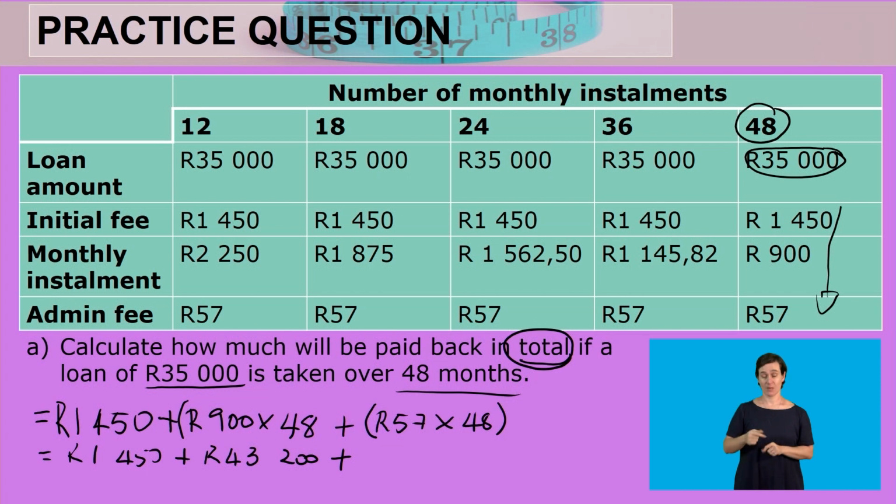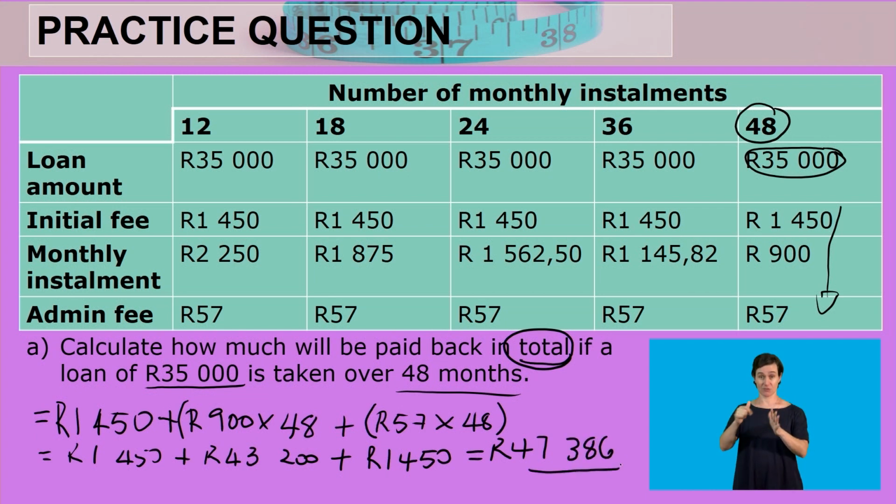So our next part would be to multiply 57 by 48 months, which gives 2,736. So in total, this person would pay 47,386, including the interest.